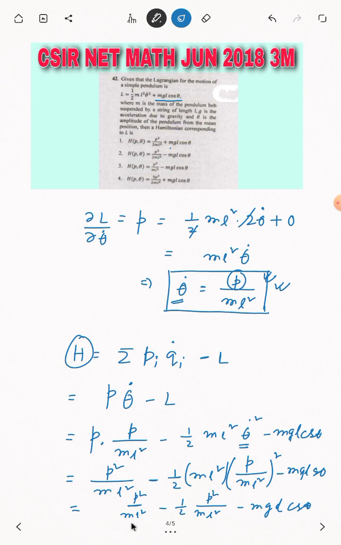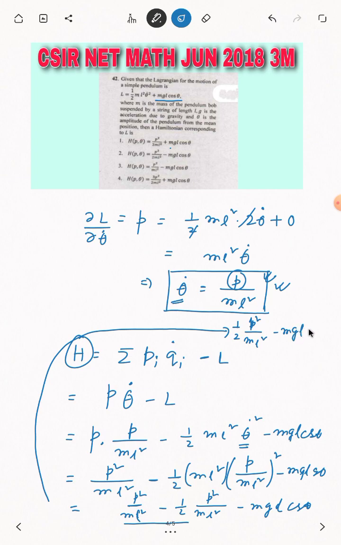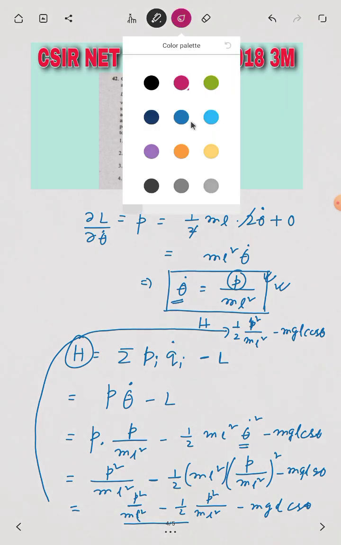So ultimately, by adjusting these two terms, we will have the final result: p square by 2ml square minus mgl cos theta. This is our required h. Remember, this is our required h.